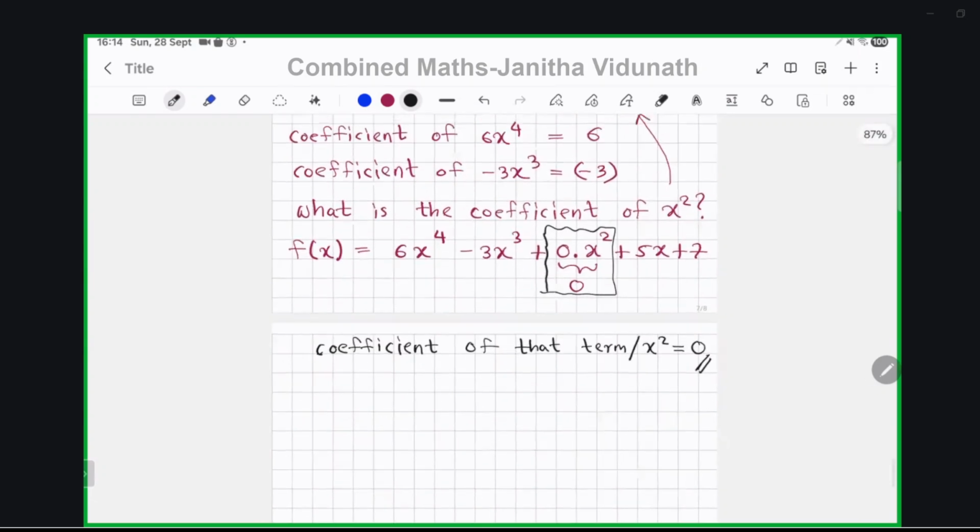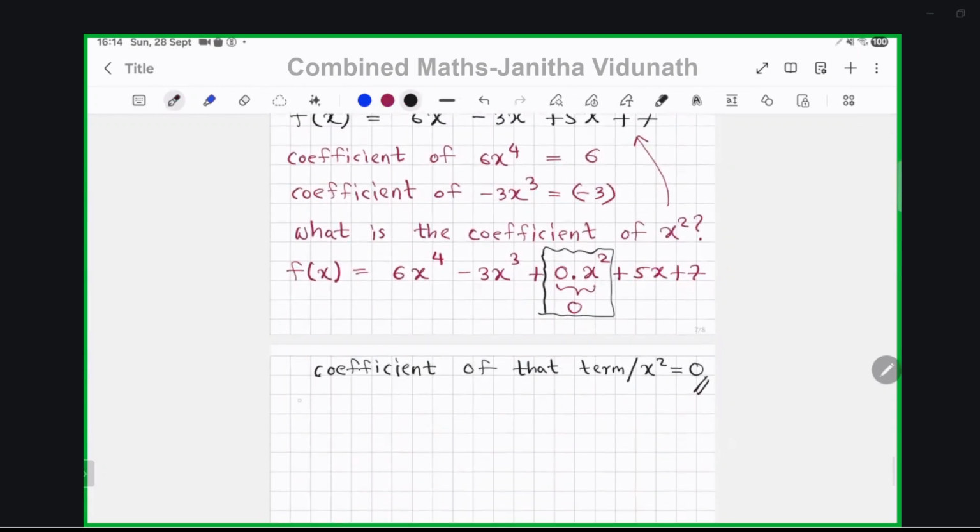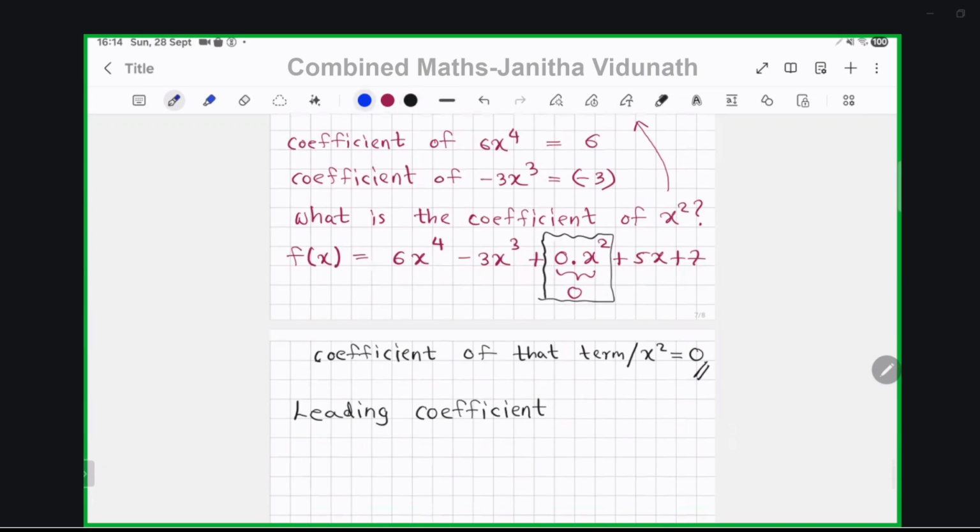Okay, now write down the topic: leading coefficient.